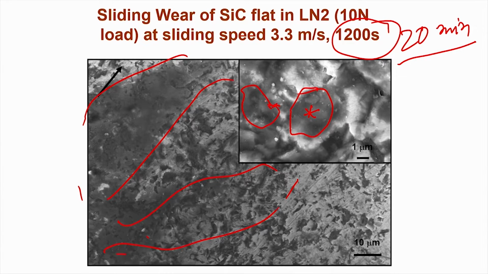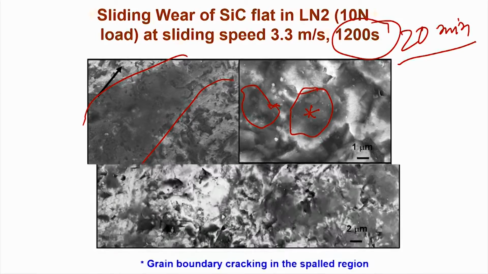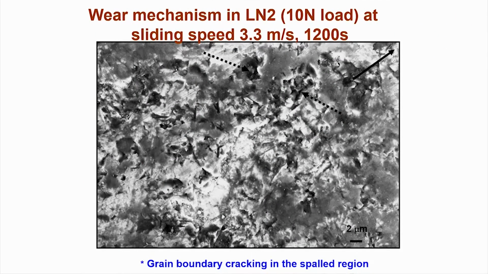So, essentially these are the places where a silica rich layer perhaps has formed. 3.3 meter per second indeed is a very high sliding speed, and under these conditions the only way the silicon carbide is worn out is because of grain boundary cracking.